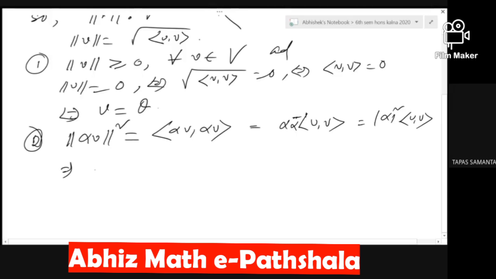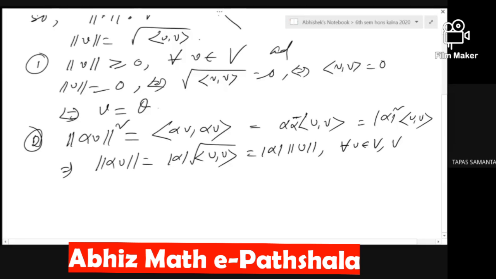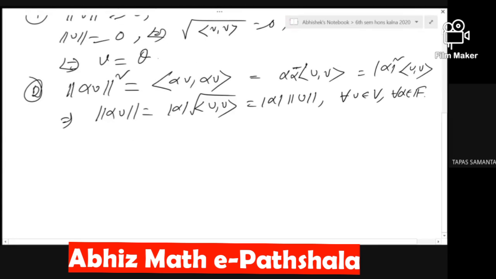That means norm alpha v equals mod alpha times root over inner product v comma v. So that means mod alpha norm of v. This is true for all v belongs to V and for all alpha belongs to F. So this is the second property it has.